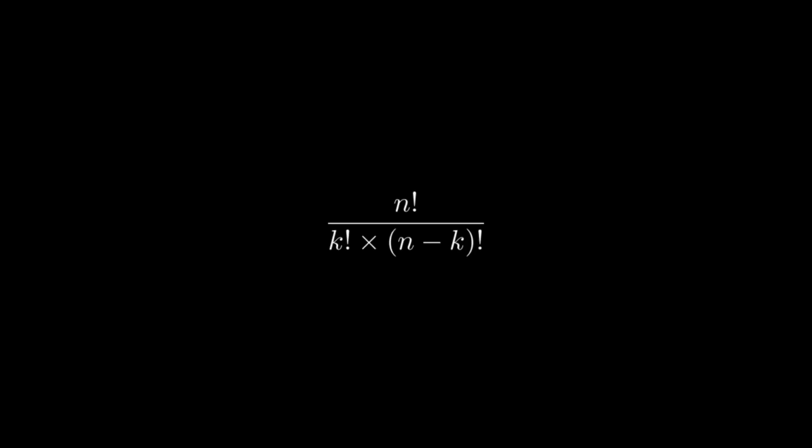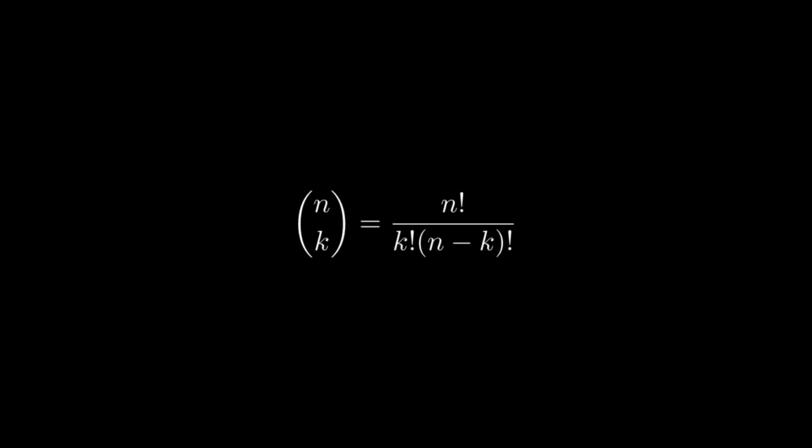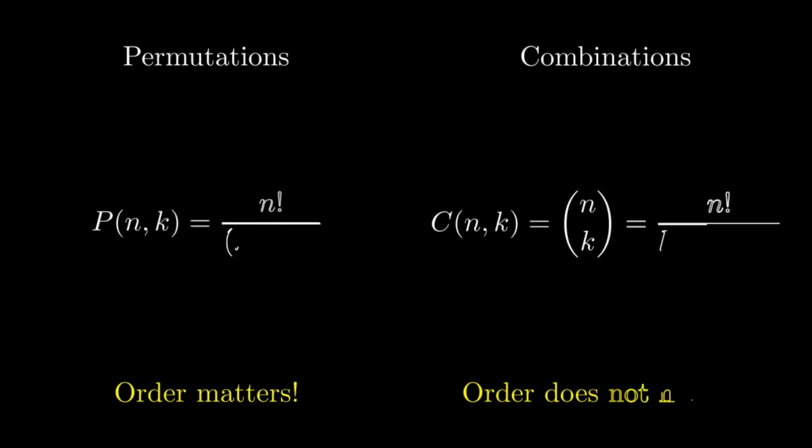By using the same definition as we listed earlier, along with some basic algebra, we will get the same formula for combinations that you can probably find in your math textbooks, n choose k, which is equal to n factorial divided by n minus k factorial times k factorial.